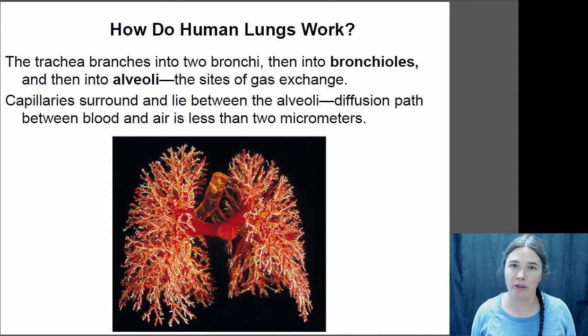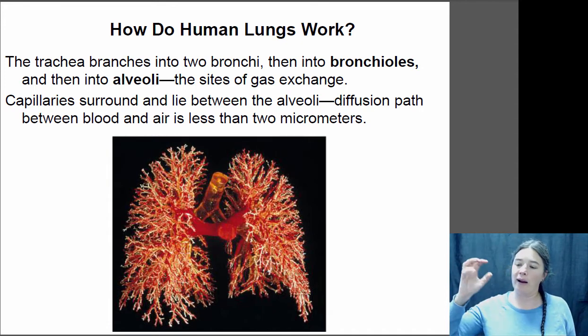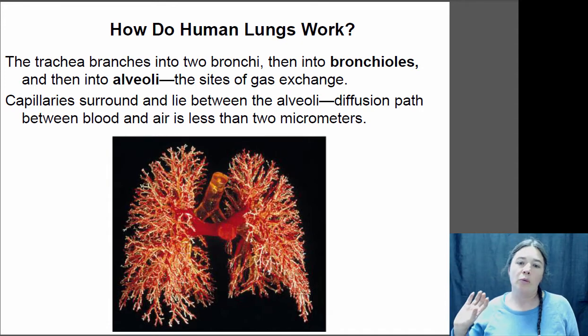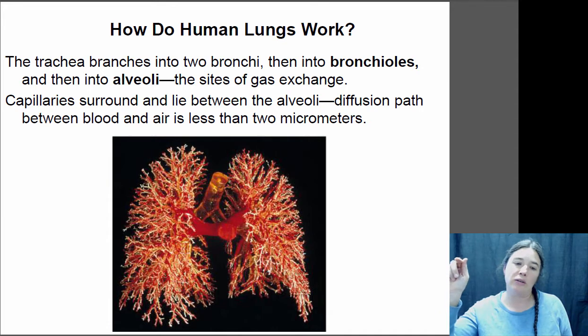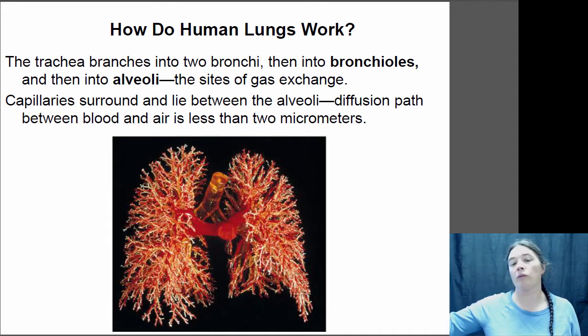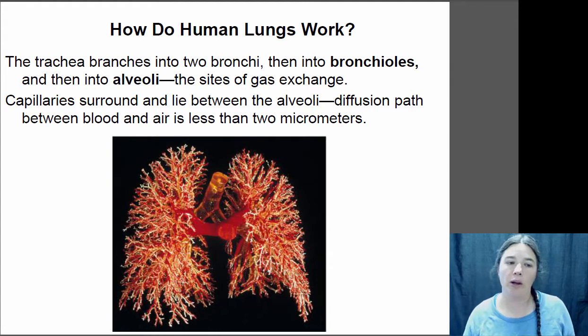Each alveolus is surrounded by a net of capillaries with blood flowing through them, and so the oxygen will diffuse from the alveoli into those capillaries, and then carbon dioxide will diffuse from the capillaries into the alveoli so that you can breathe it out. All right, it's a very, very short distance across which that gas exchange has to occur.